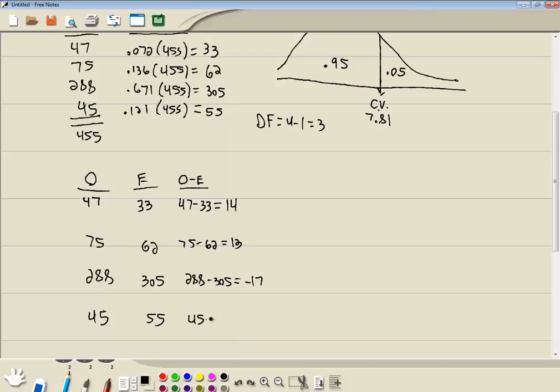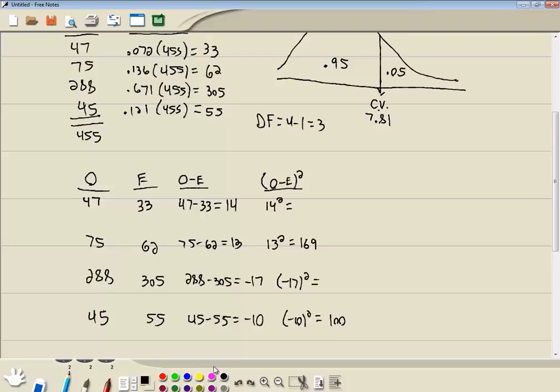And this one is 45 minus 55, which gives us negative 10. Now I double check myself here. Then we need to square it. So if I take my O minus E squared, I'll have 14 squared, 13 squared, negative 17 squared, and negative 10 squared.